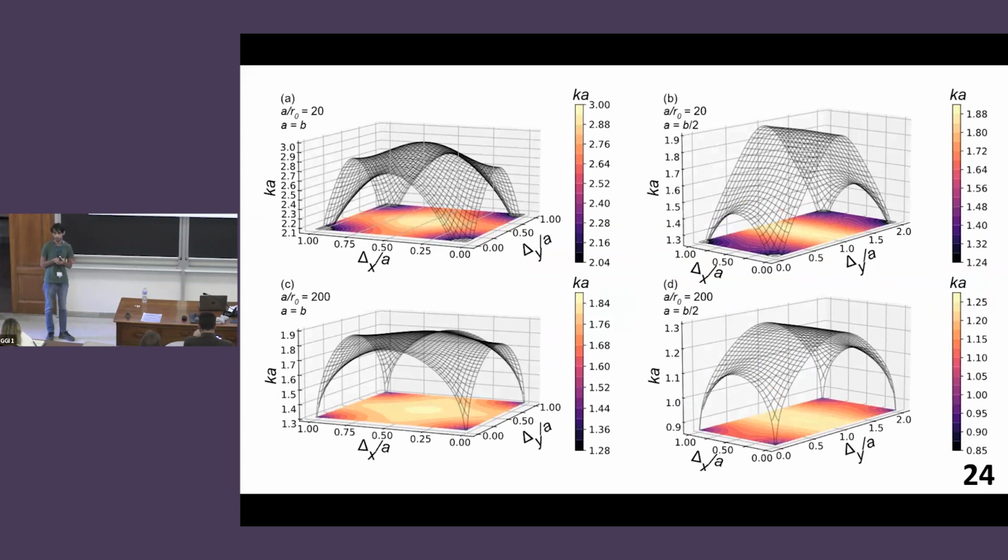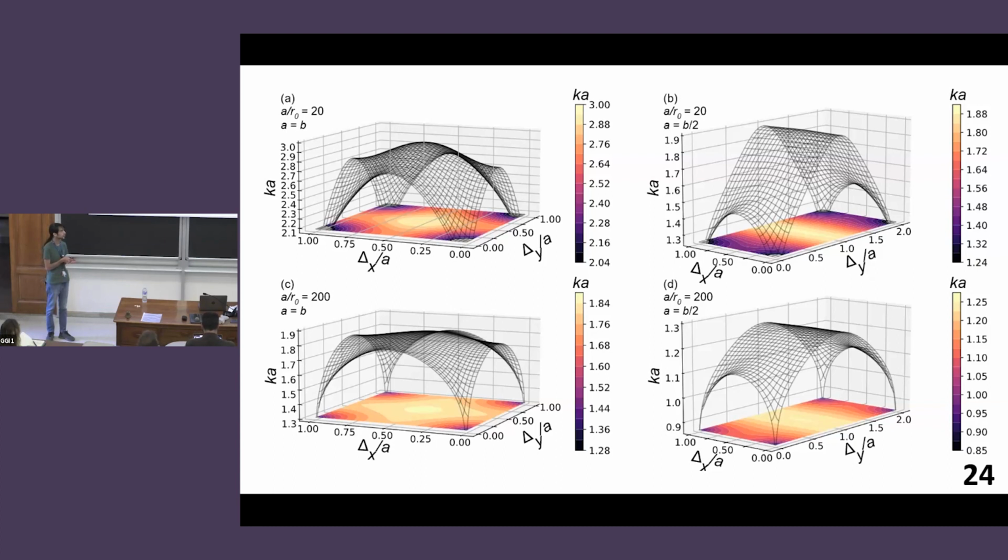The maximum of the plasma frequency is in the center, and here the four graphs are different ratios of period to the radius of the wires.